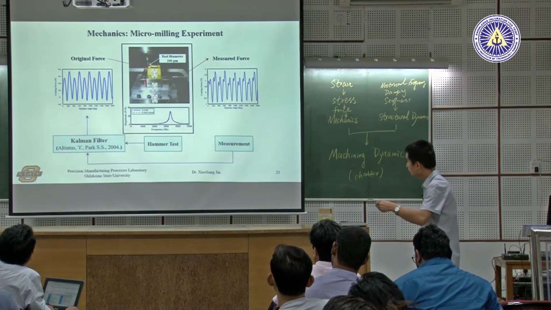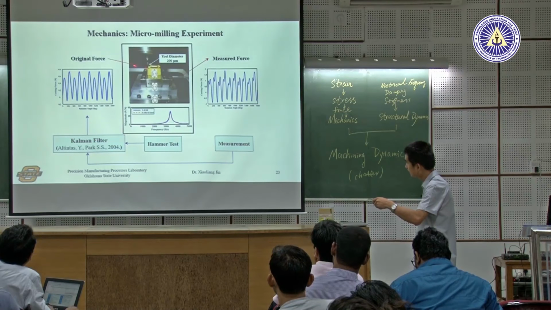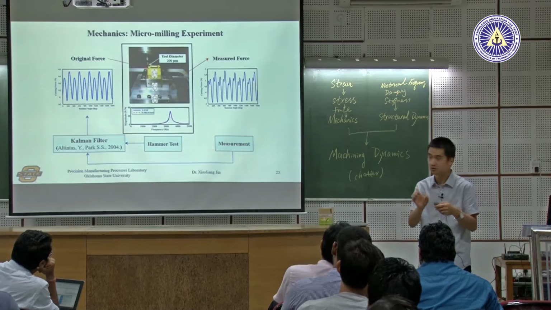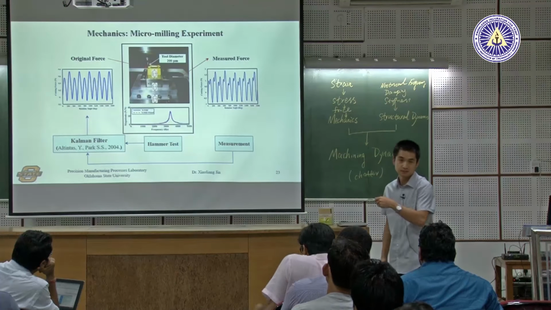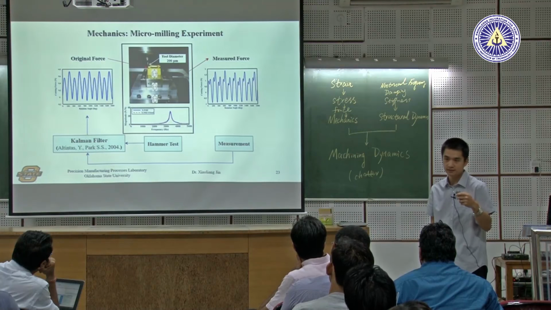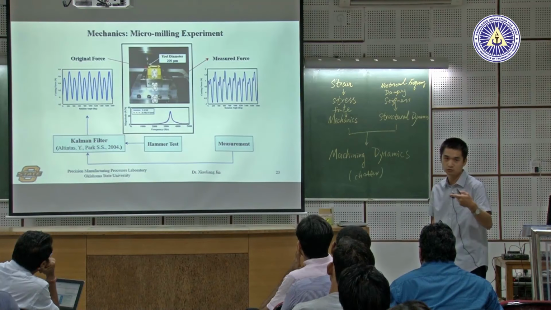We hit this point and measure the force, but we don't attach any accelerometer. The response comes from the measured force. Then we get the frequency response function for the measurement system itself. It's a force-to-force FRF, not displacement to force. So if we know those two, we're able to use this algorithm to calibrate the original cutting force.